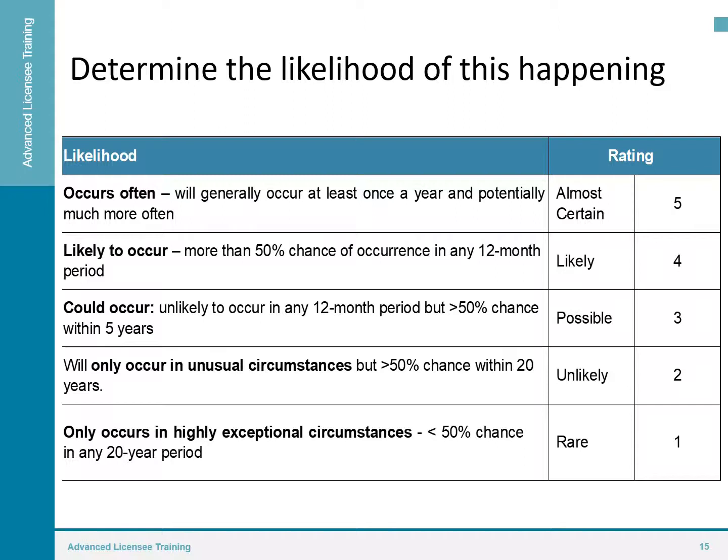After you determine the impact, you need to determine the likelihood of the particular risk happening. It occurs often. It will generally occur at least once a year and potentially more often, all the way down to being rare, where it only occurs in highly exceptional circumstances. That's less than a 50% chance in any 20-year period.